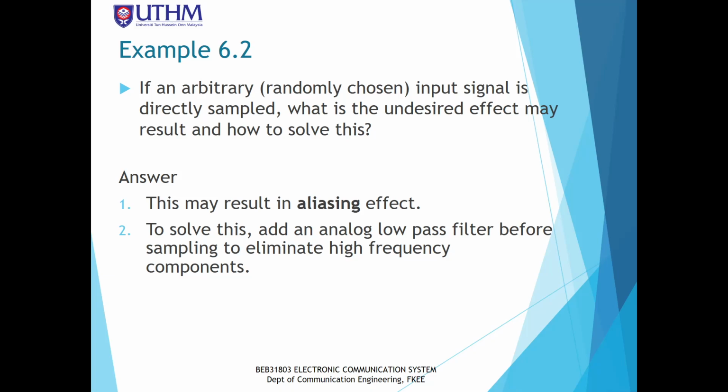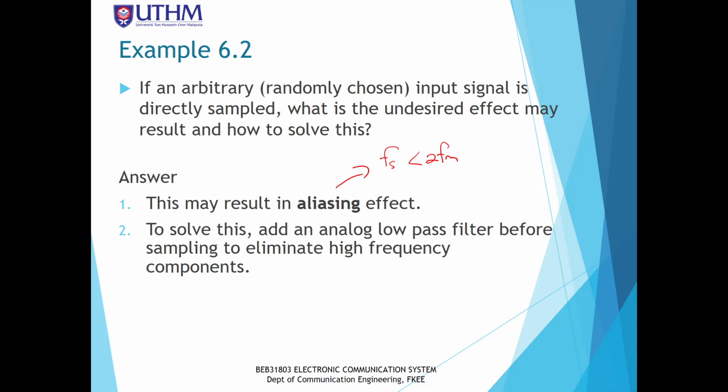If we choose an input without considering the input frequency, there might be a problem. It might cause the aliasing effect, which happens if we sample at a rate less than 2fM.